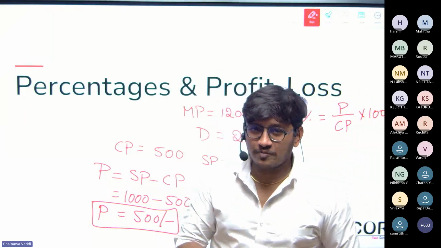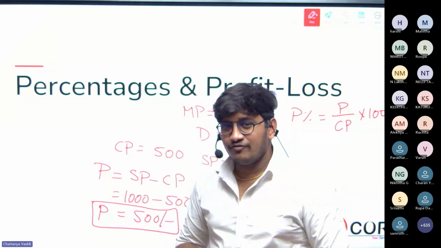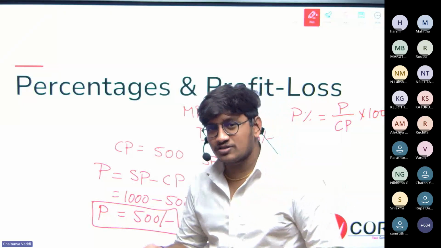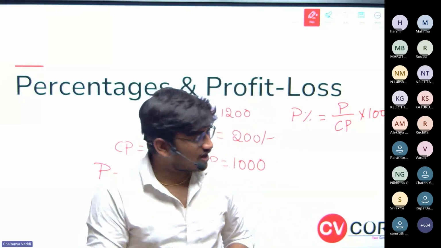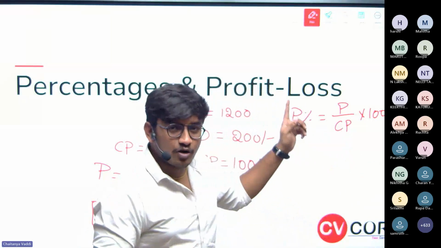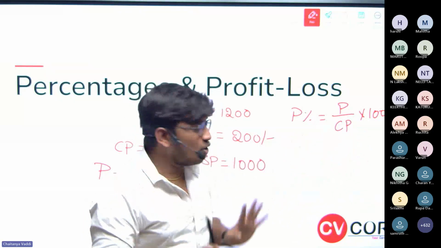Without the cost price, you cannot say how much profit or loss. So you require the cost price. That's the reason in the formula, for either profit percentage or loss percentage, we should take cost price in the denominator. I hope you all are clear.